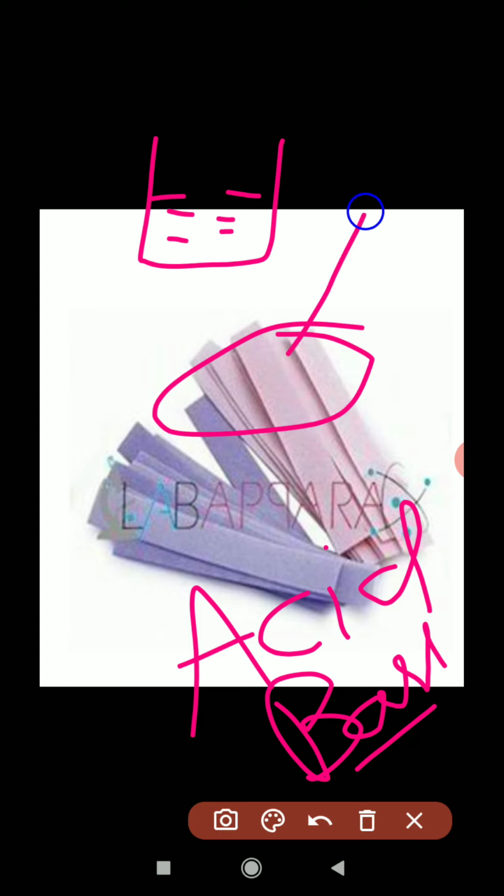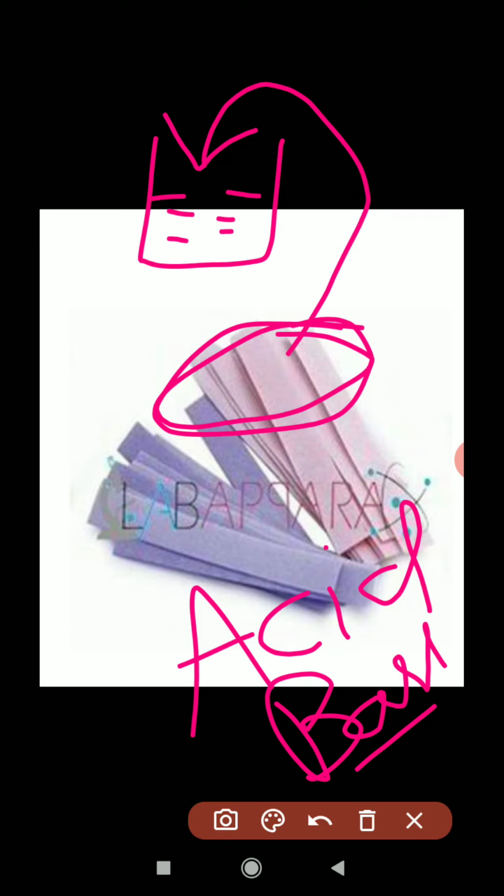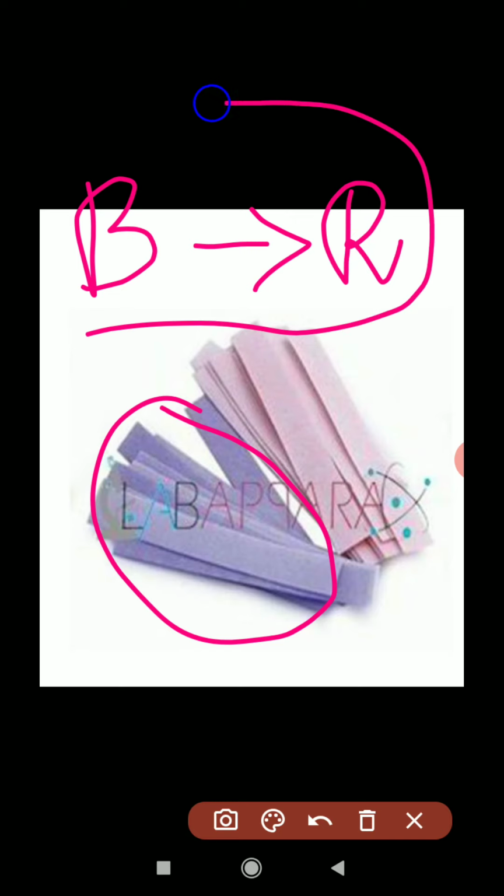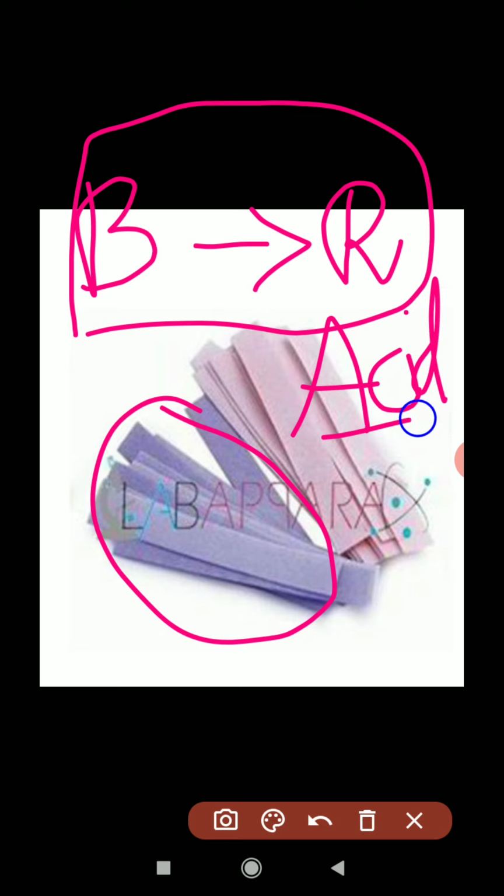To check, I take a litmus paper and dip it in this solution. When the blue litmus paper turns red after I dip it in the solution, then I can say that the given solution is acidic.